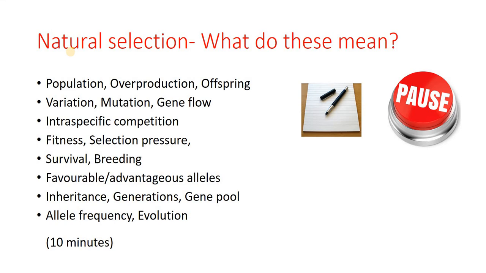Gene flow, this is over time the flow of genes from parents into the offspring and so on over many generations. Intraspecific competition. This is competition between members of the same species, for things like food, nesting places, light.